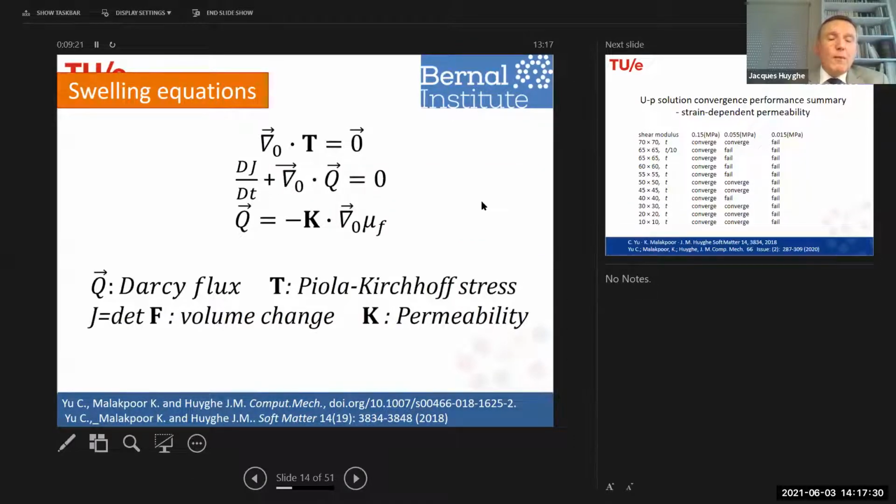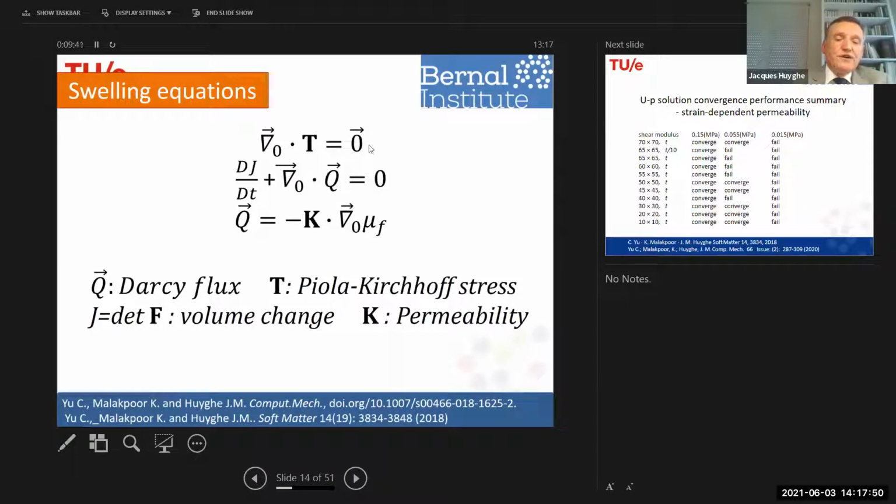So what we come up with is the classical equations of finite swelling of a porous medium, fluid-solid mixture, just like described in the original paper from Maurice Biot in 1972.